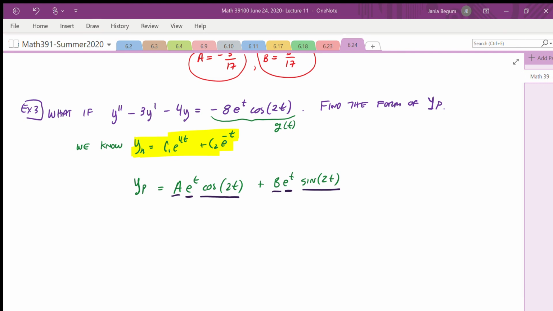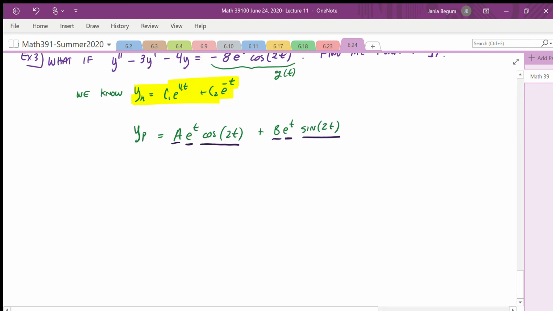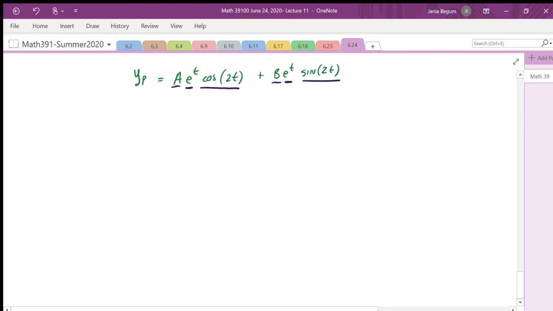Let me write down the rule in a table, so you have it in a more organized form. Let me know if you have any questions so far. Here's the table for the method of undetermined coefficients.